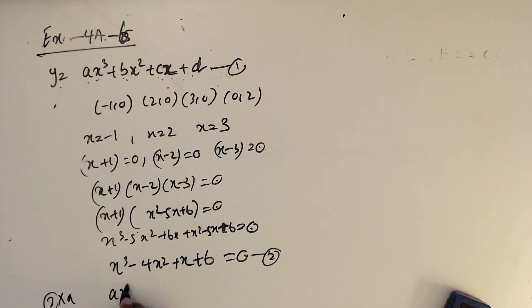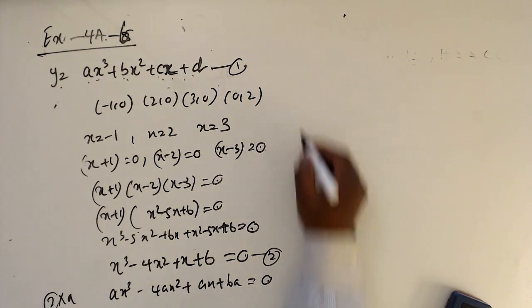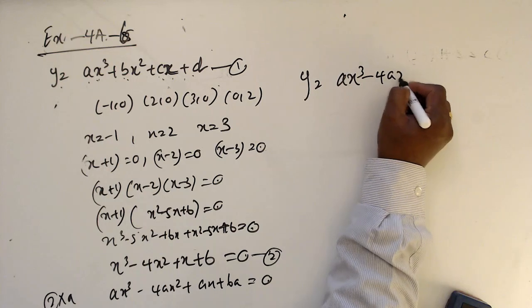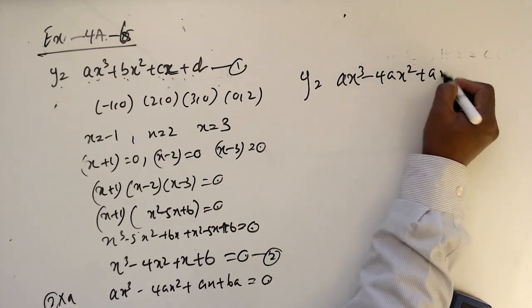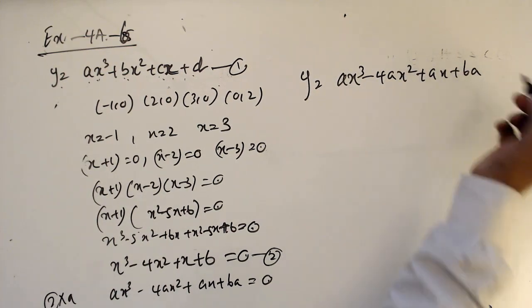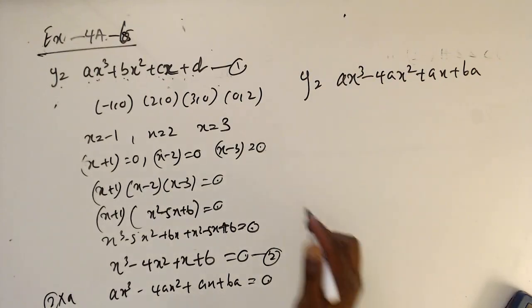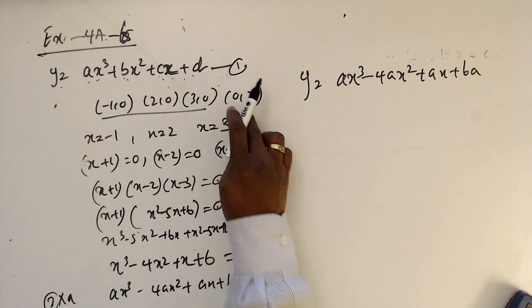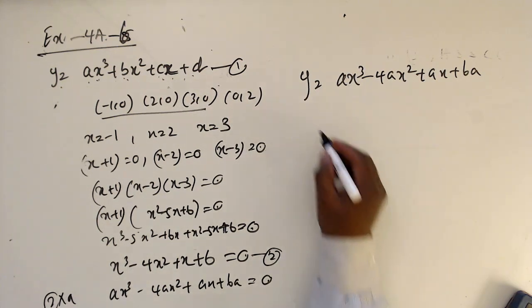Then this will become ax cube minus 4ax square plus ax plus 6a equals 0. Now we can get the graph: y equals ax cube minus 4ax square plus ax plus 6a. We have used all this data, but still we didn't use this data.